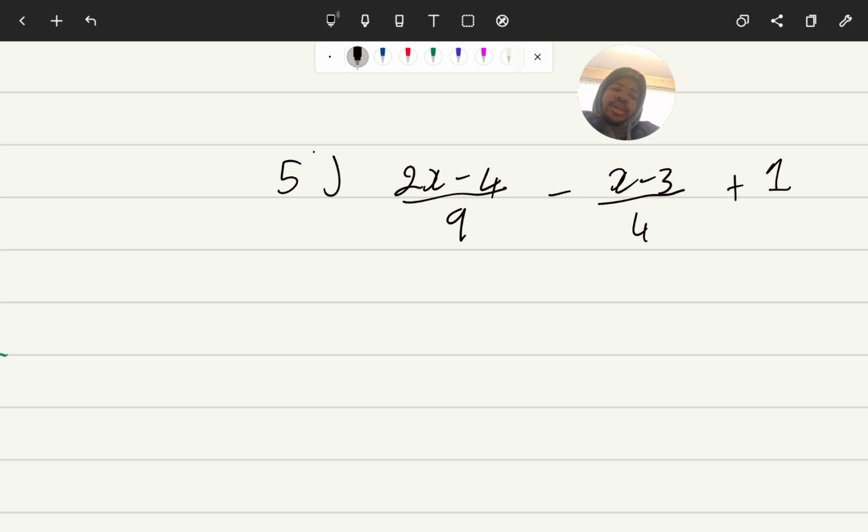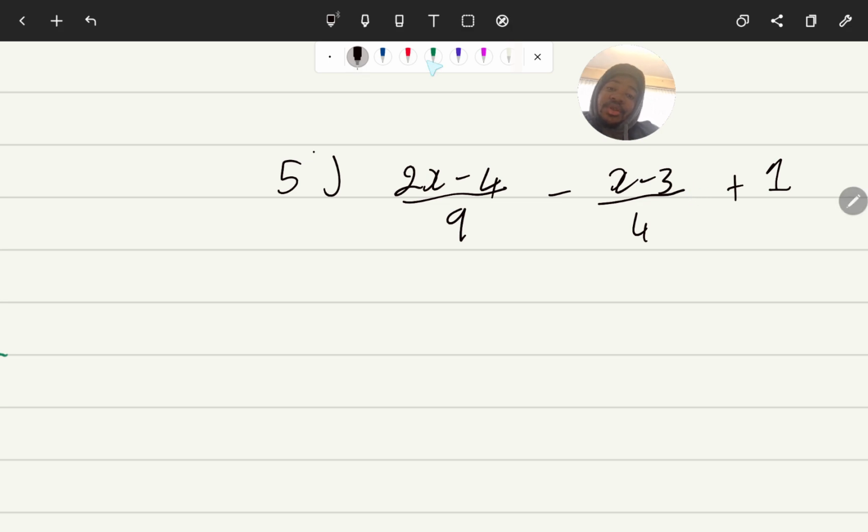Okay, so here, I will say also, I think for this one, since there are three terms, it will be easier to use the original way, how we usually solve or add or subtract fractions. But also, the method that I've just shown you also works, but now you will have to do it step by step.